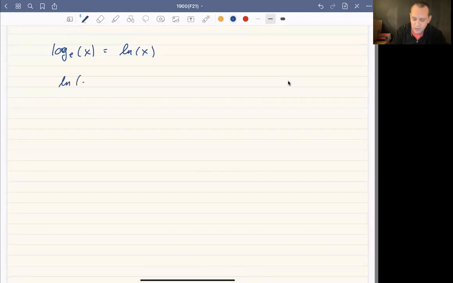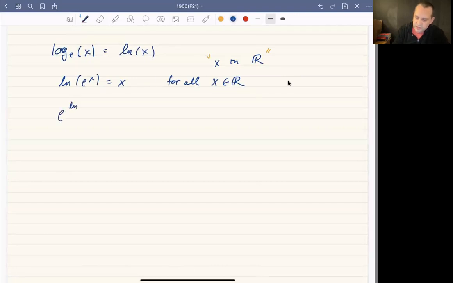If we have the natural log of e to the x, that's going to be x, and this is true for all real numbers x. This notation, by the way, means for all values x in R. Okay, so for all values x in the real numbers.